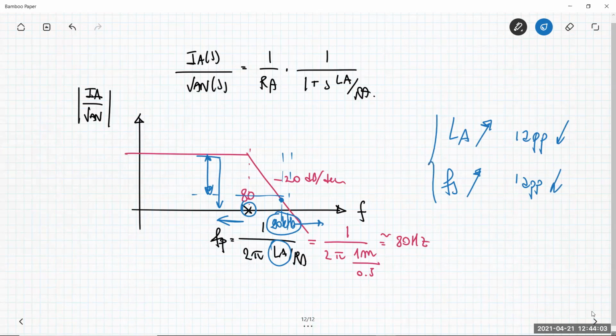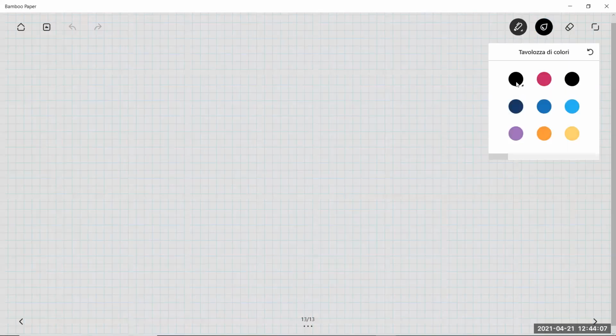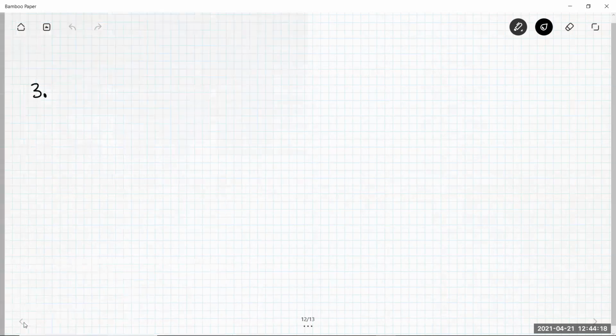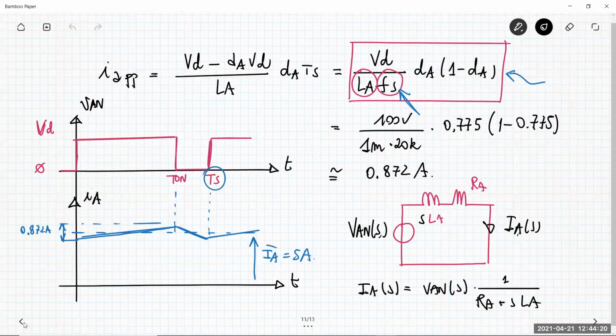Third question that we have to answer, question number 3, is about which is the maximum possible peak-to-peak ripple, because what I found here is the peak-to-peak ripple for a specific duty cycle that I call dA.